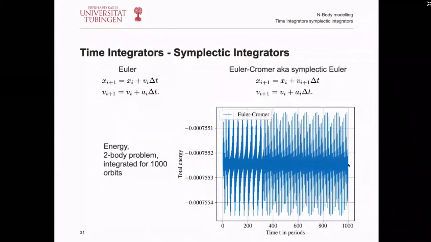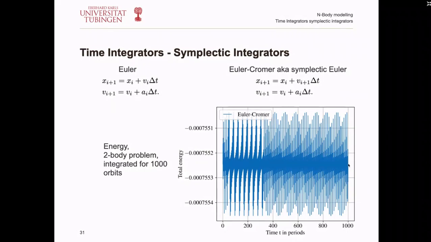Maybe we can talk about this later, but you need, for example, a fixed time step. Otherwise, if you use an adaptive time step, then you break the symmetry in the equations, which directly leads to energy conservation violation. So, for example, if you have a system where you want to study collisions between planetesimals or so, then a symplectic integrator wouldn't be the best choice because you have to have a fixed time step.